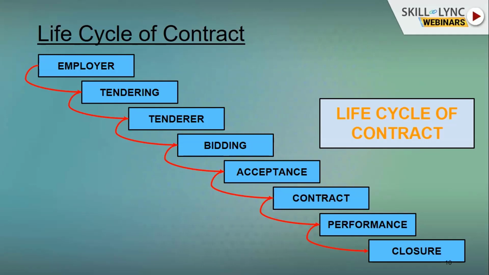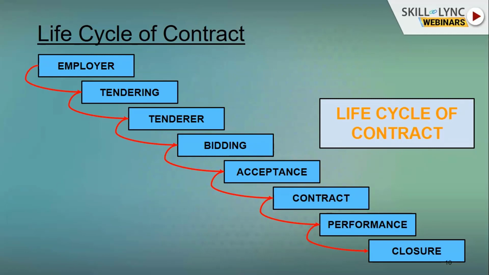That acceptance should be signed by the authorized person from the executor, so that in case any dispute comes tomorrow, there shall not be any issue. No Tom, Dick, and Harry of a company can sign the acceptance of contract unless authorized. Only an authorized person of the organization can sign this acceptance of contract copy. Followed by the performance and the closure.